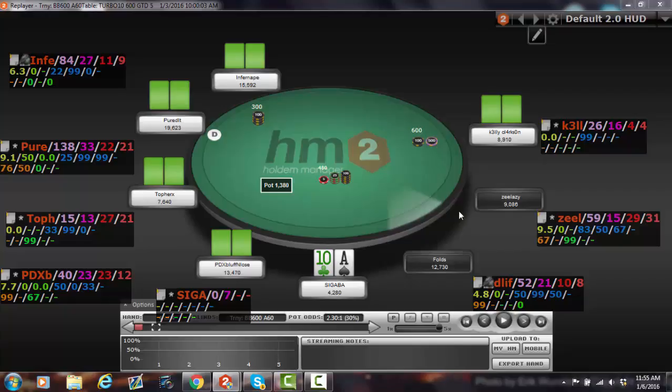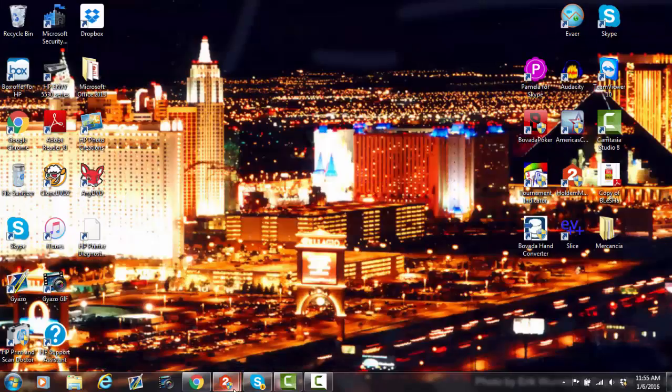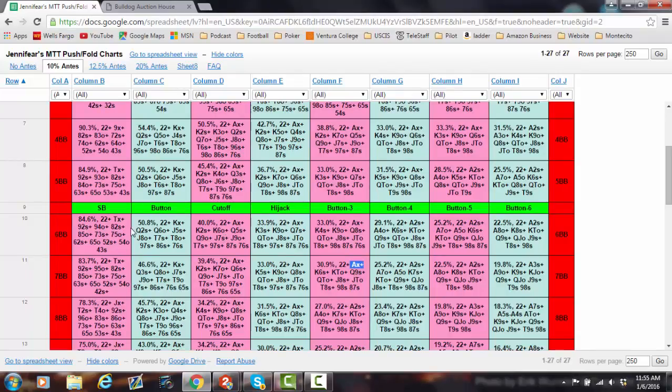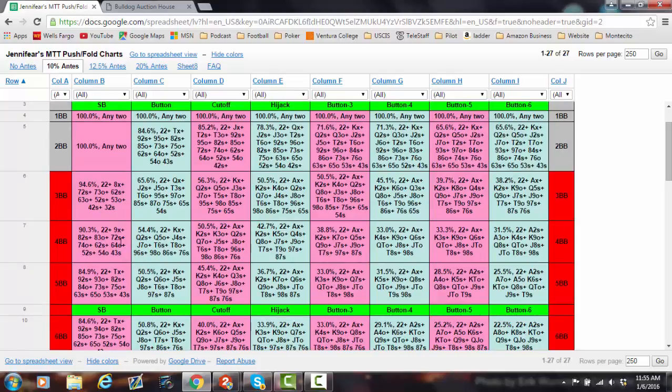Now, that being said, you do have to adjust your play a little bit here with some of these. I did a podcast with Daryl Jace, episode number 46, so you can go back and listen to that. We talk about exactly this chart.